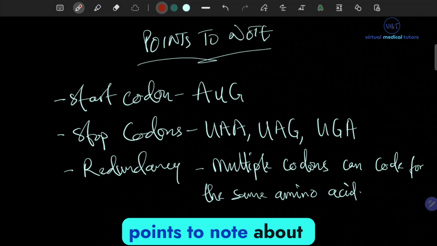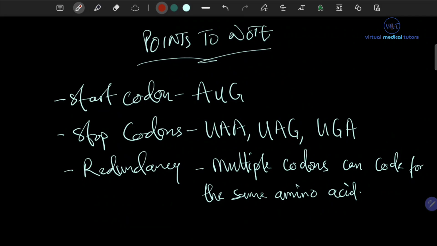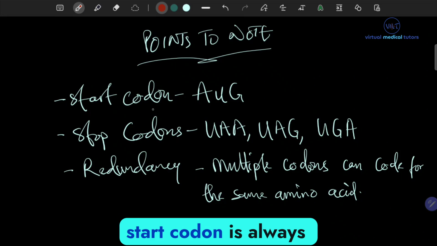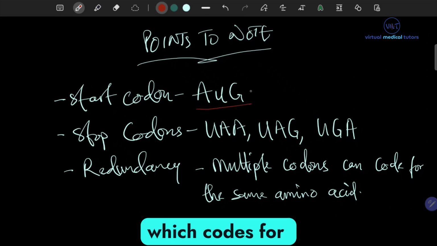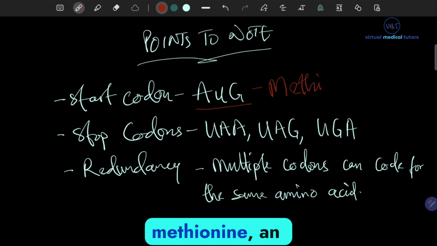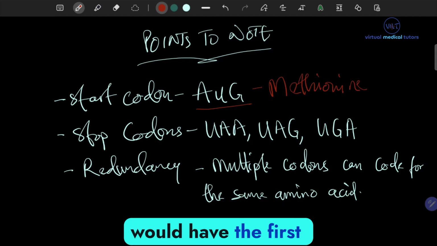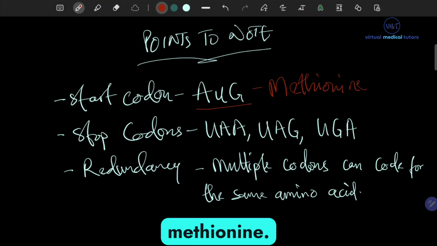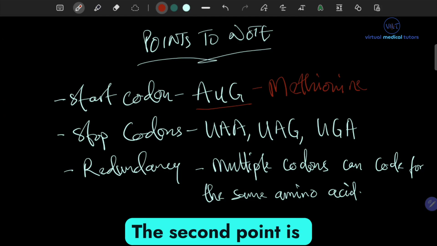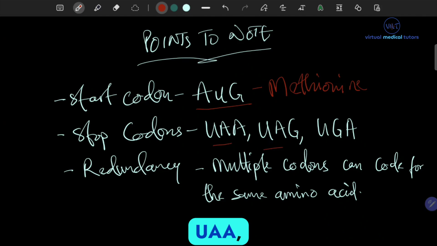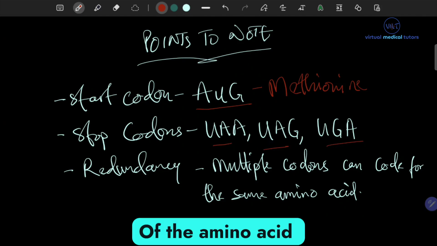So what are some points to note about codons? The first is that the start codon is always AUG, which codes for methionine, an amino acid. This would mean that most proteins have methionine as the first amino acid. The second point is that stop codons, UAA, UAG, and UGA, are not part of the amino acid sequence.